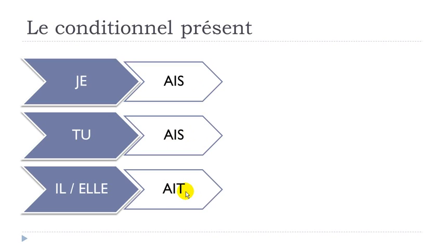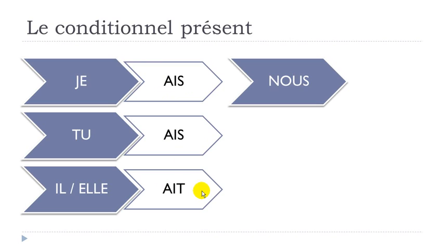The good news is that even if we write them differently, like you see here, we pronounce them the same way. And it goes like eh, eh, eh. All right? So as usual in French, what you pronounce, well, it's not that difficult in a way, but then remember how to write them. AIS for je, AIS for tu, AIT for il, elle.